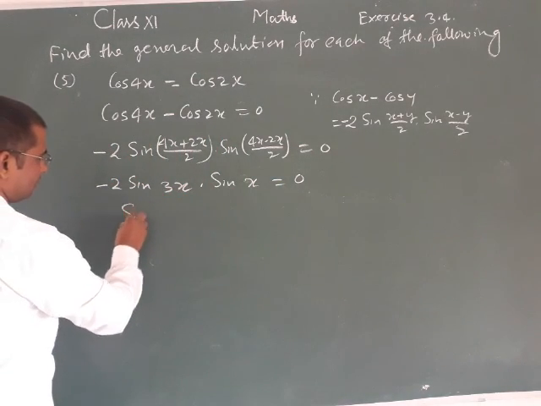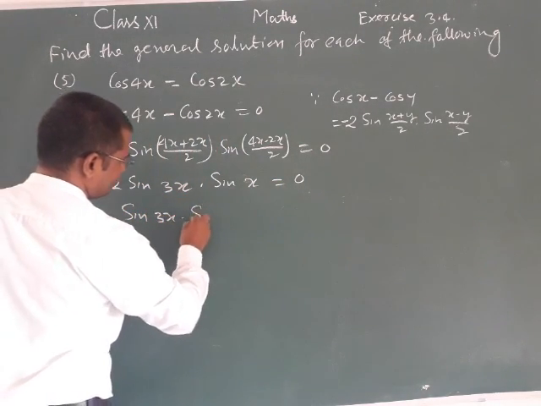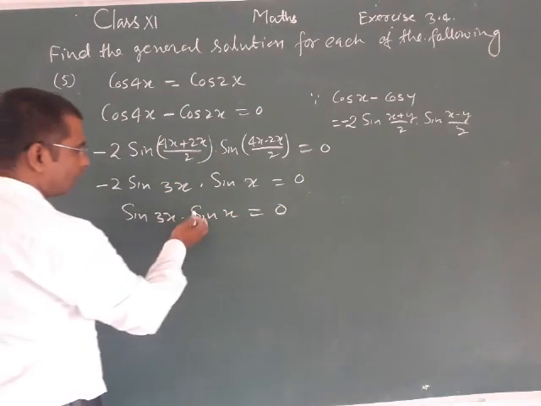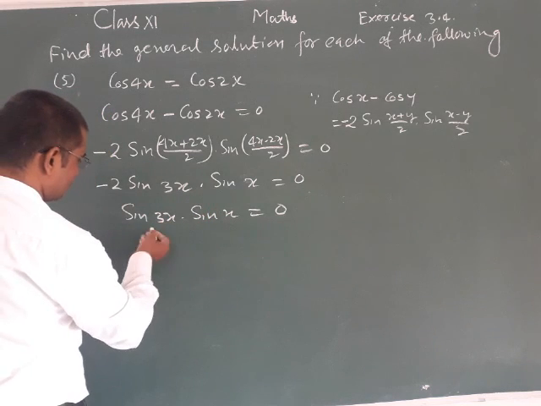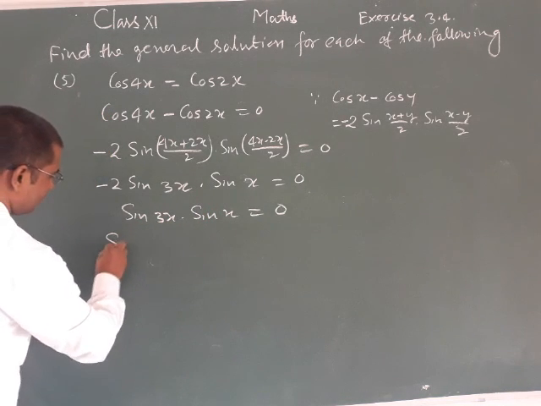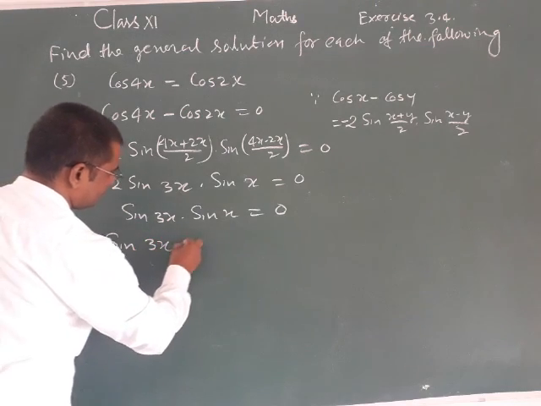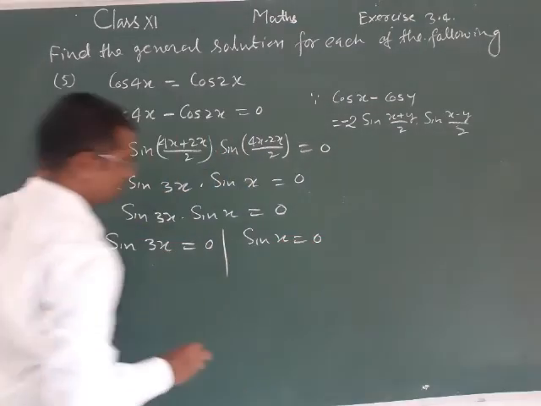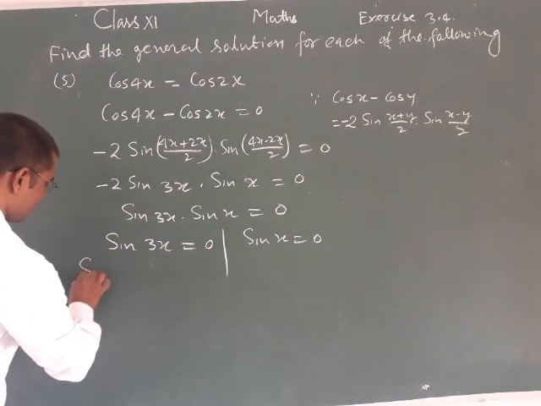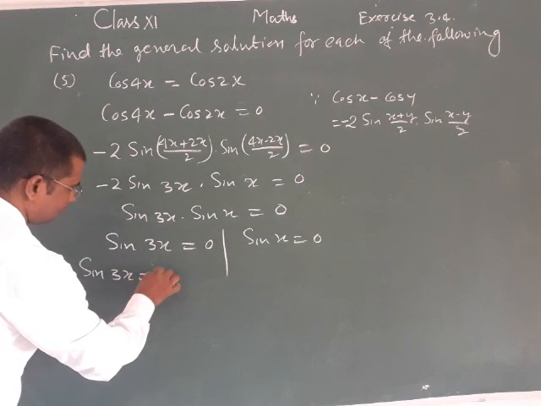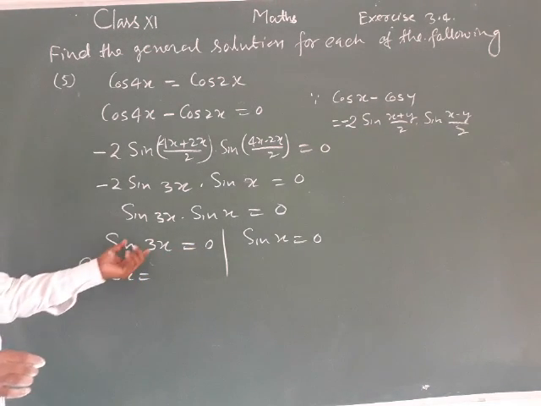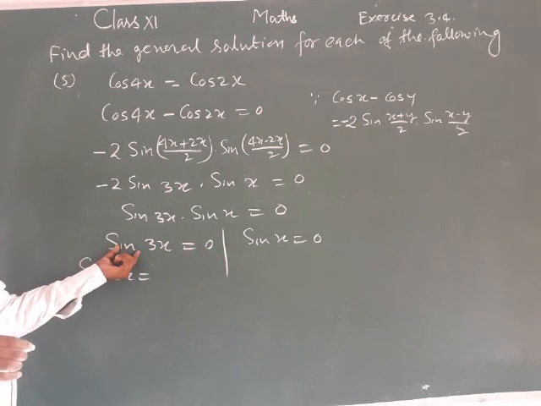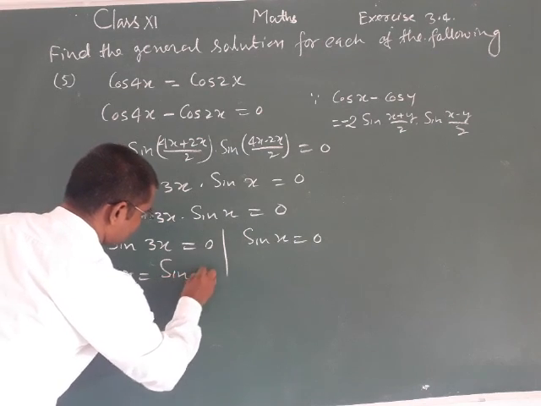So sin 3x into sin x is equal to 0. There are two factors, so separate them: sin 3x is equal to 0 and sin x is equal to 0. So sin 3x is equal to sin 0.